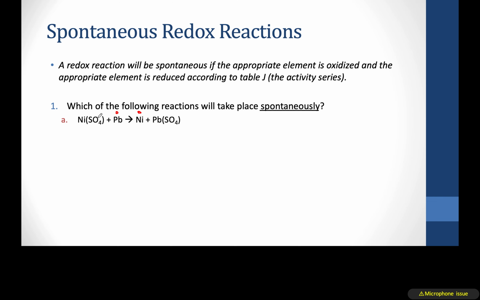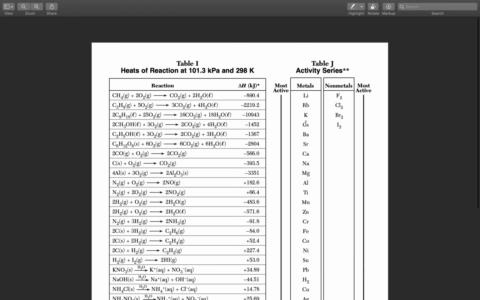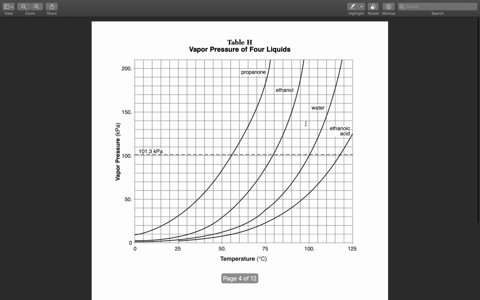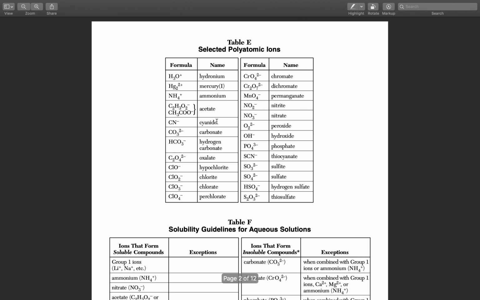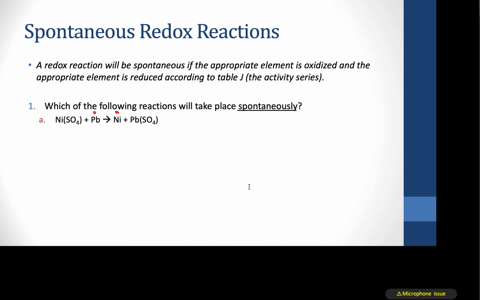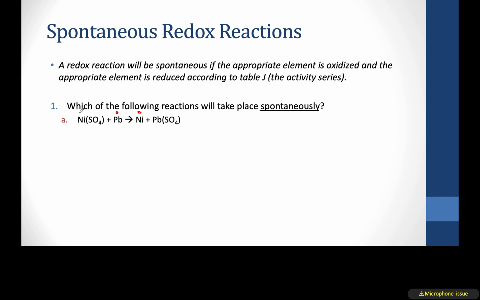So SO4, if you look at your table of polyatomic ions, let's see, where are those? Here, SO4 is a 2- charge, so nickel must be +2 to balance it out, because there's no charge on the whole compound.